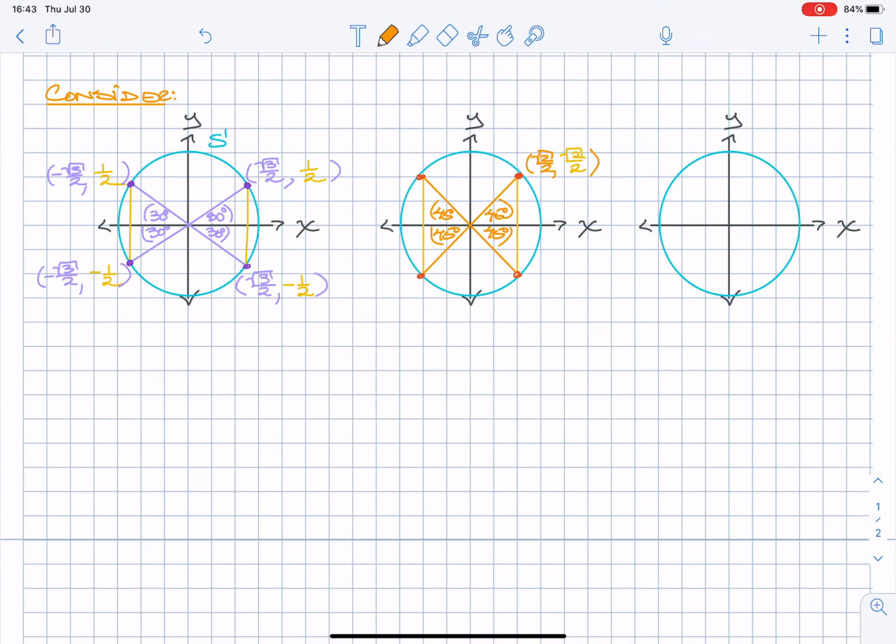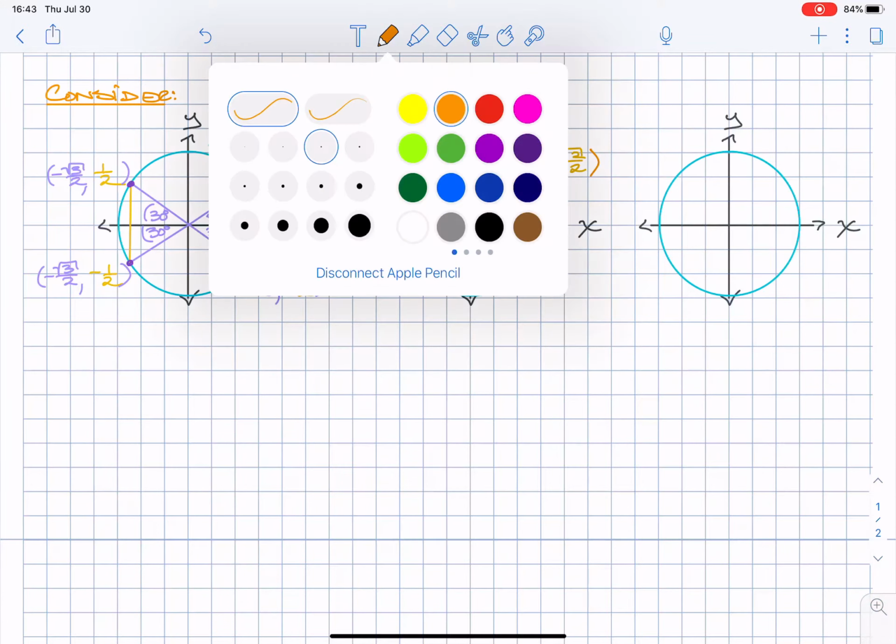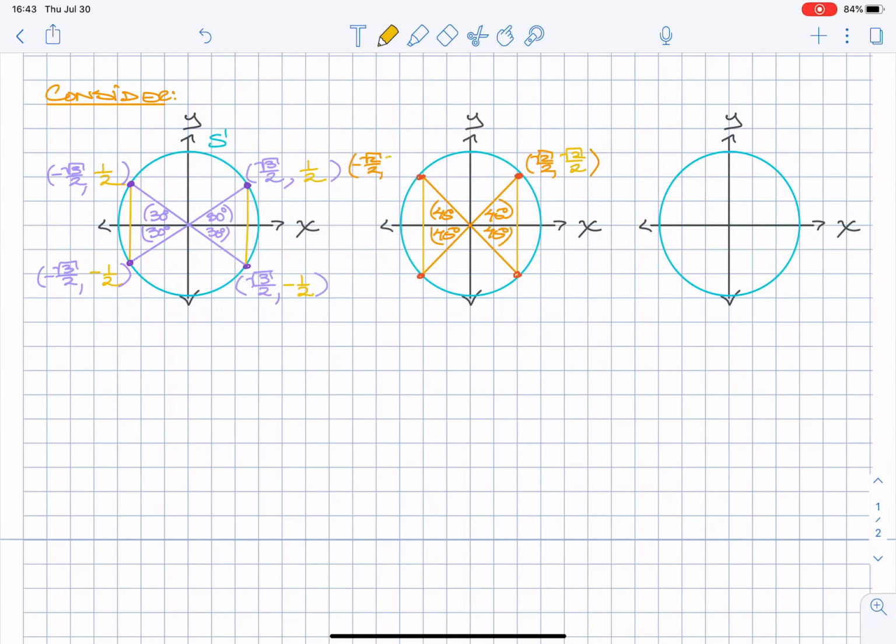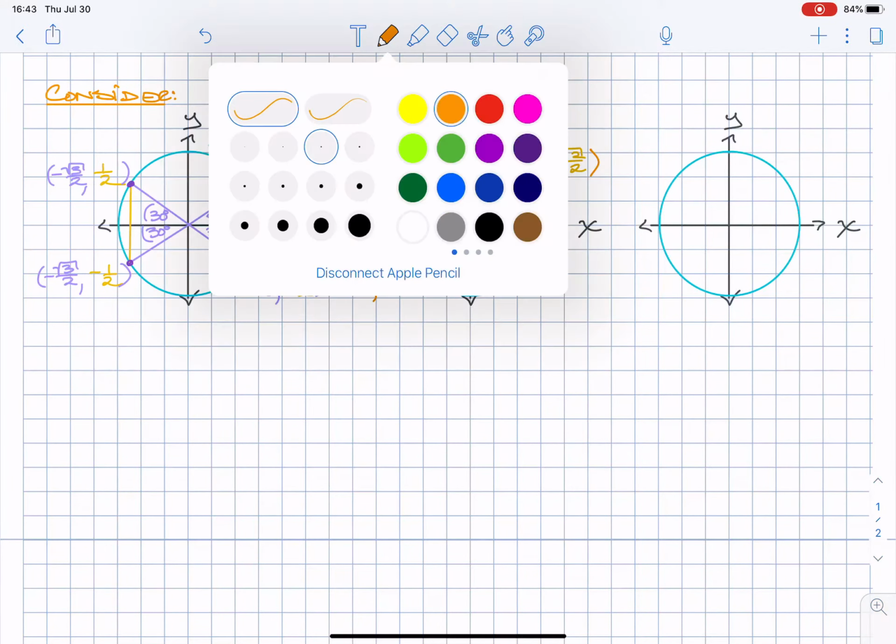In quadrant 2, x is negative root 2 over 2. But y is positive root 2 over 2. And in quadrant 3, they're just both negative, so negative root 2 over 2, comma negative root 2 over 2.